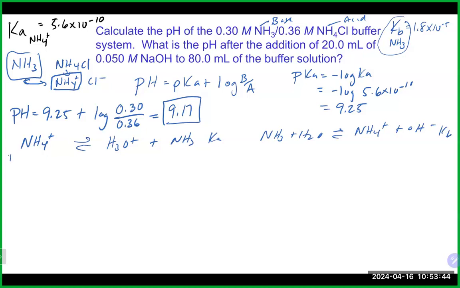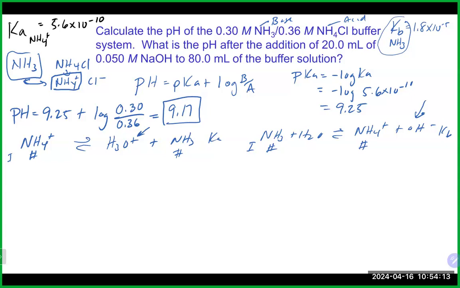If you chose to do an ICE table either way, you do need a number in each of these spots. Also on this one, when you solve for x, it will be the hydroxide concentration, which means you need to get the pOH first and then the pH. In the other one, you would get the H plus concentration from the x value at that point. So those are your two other options as to how you can get to this.